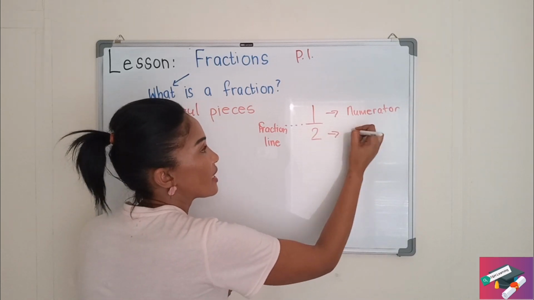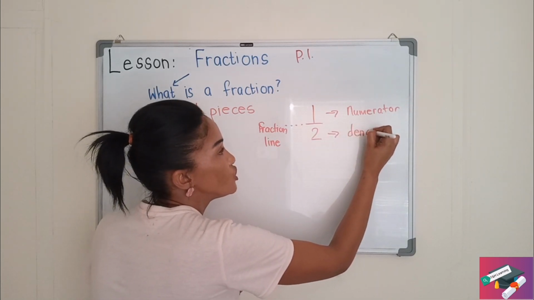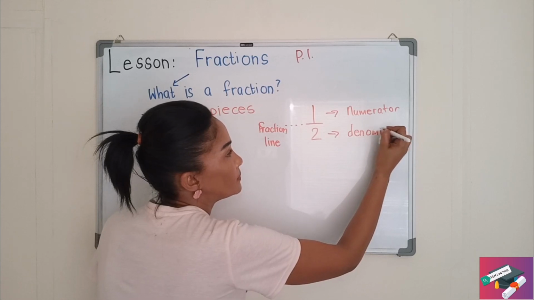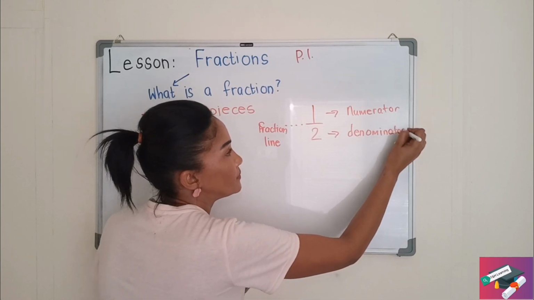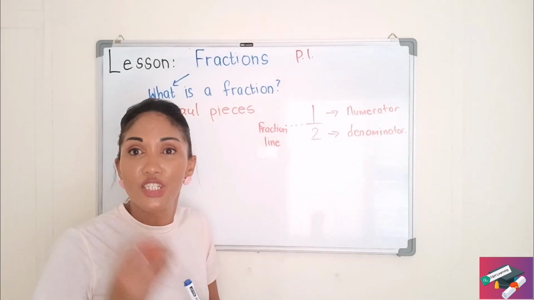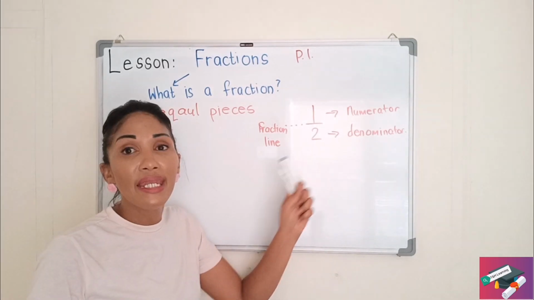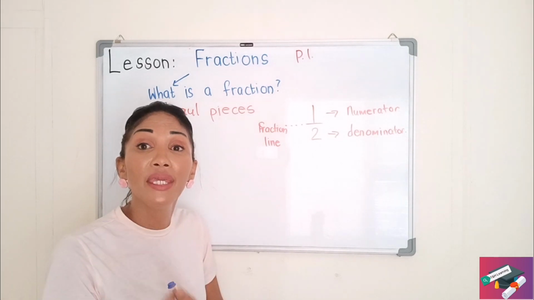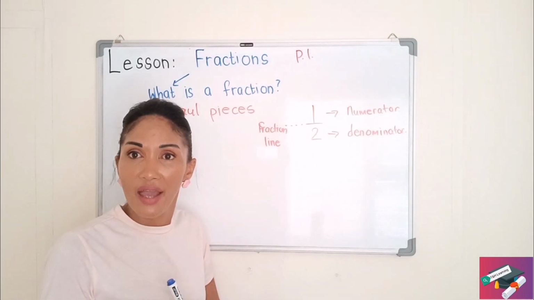Below my fraction line is my denominator. Now, we mostly work with the denominator. The denominator tells us how many pieces something is divided into.